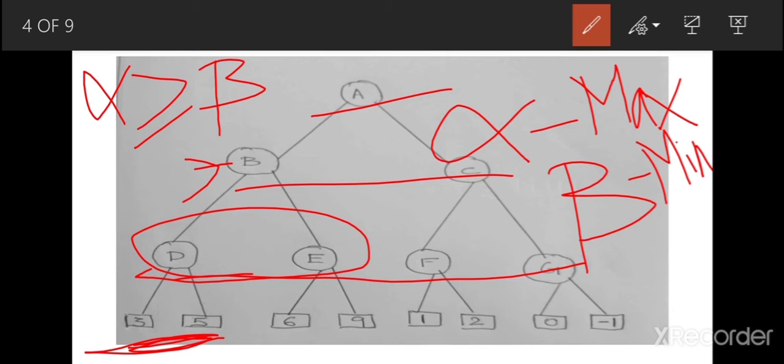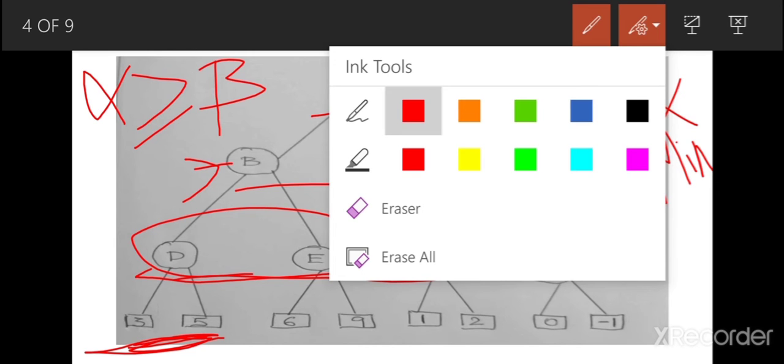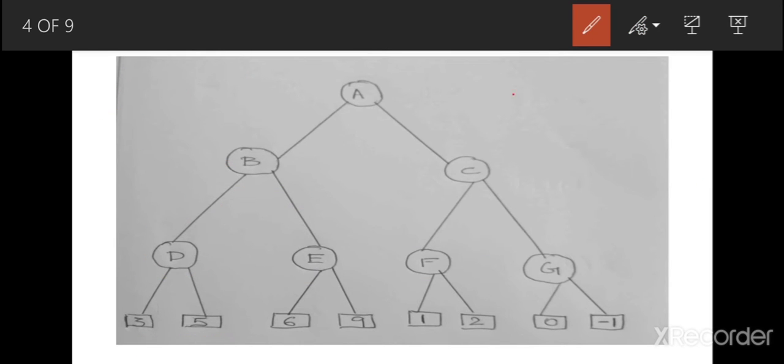Let's check out an example, just one example, so that you will be familiar with alpha beta pruning and can easily solve the question in the previous year question paper. Here the game play tree is given and you have to find the value at the root node.